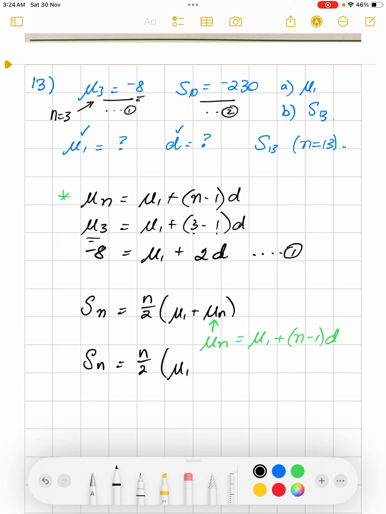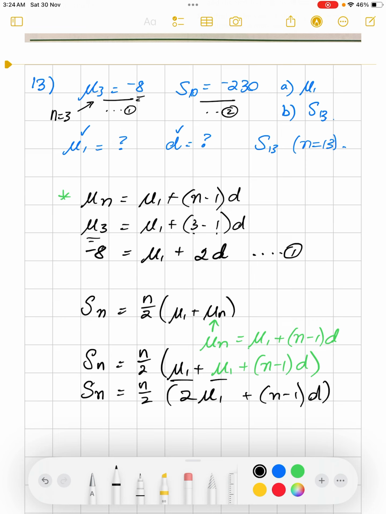You could use just the first term, and we replace un with u1 plus n minus 1 d, and we get this alternative formula for the sum of n terms, which is n over 2, 2 lots of the first term, plus n minus 1 d.